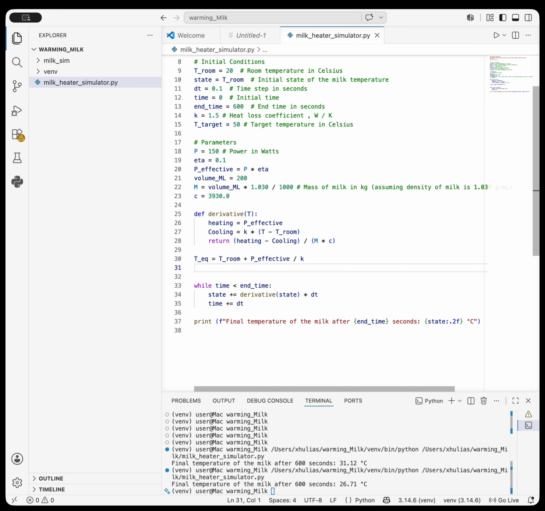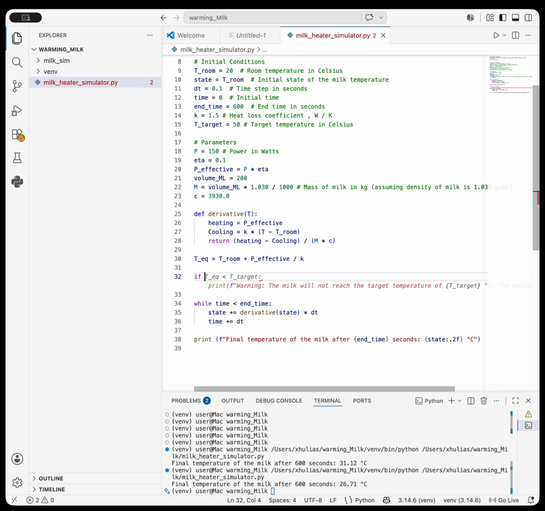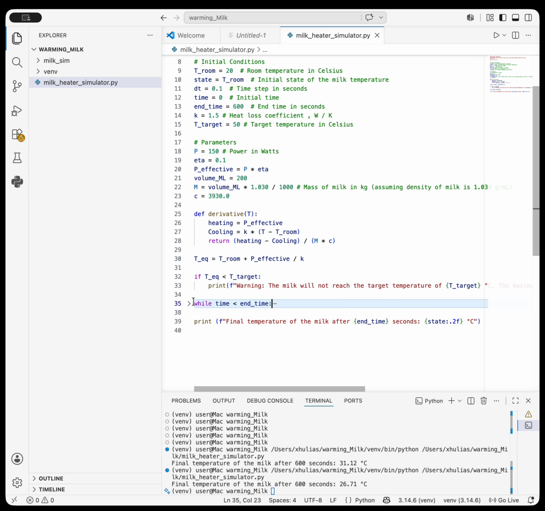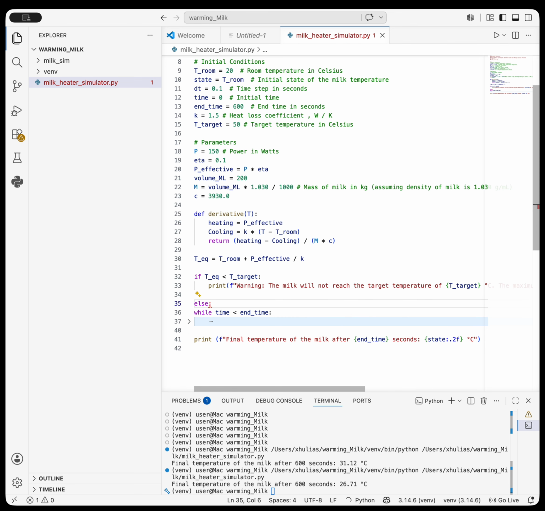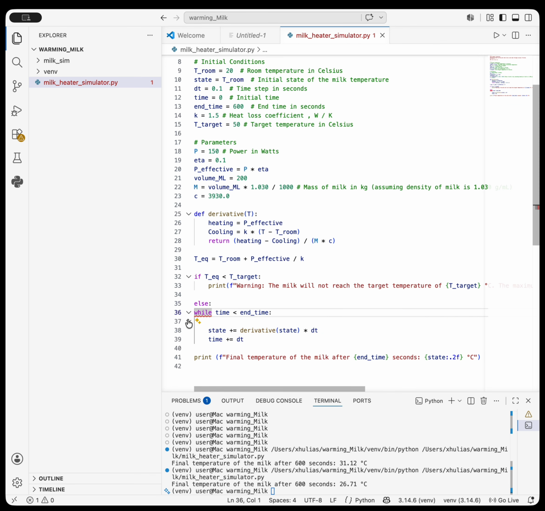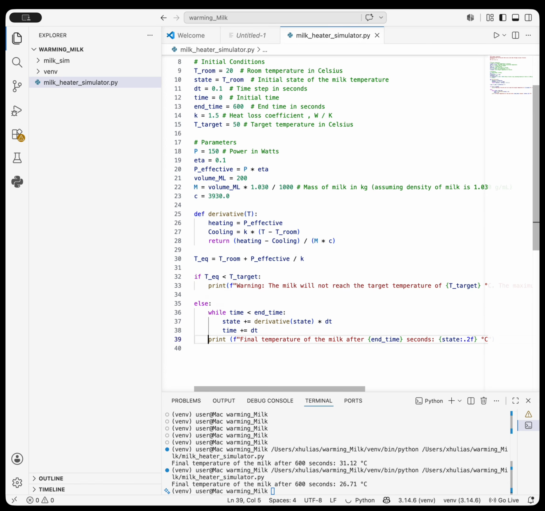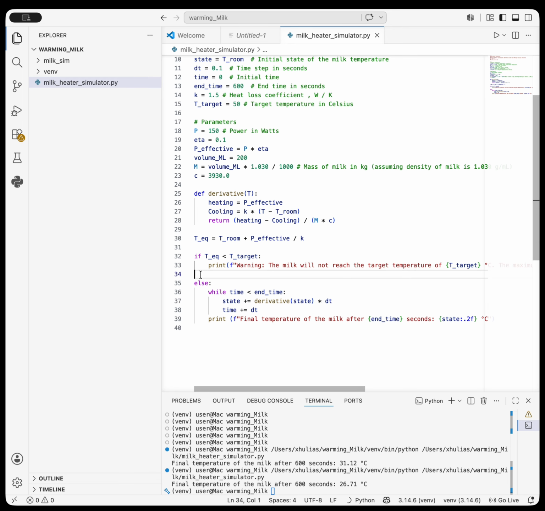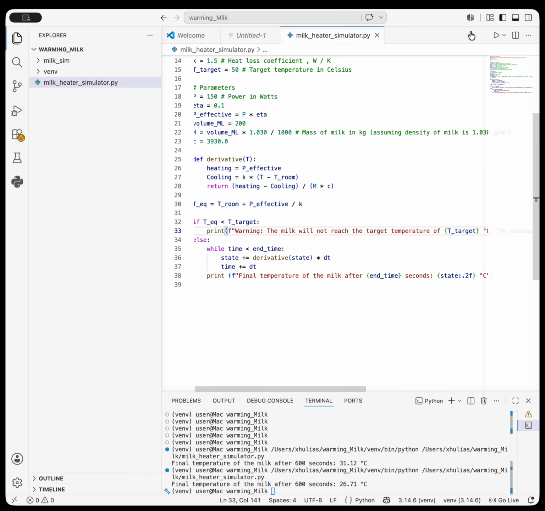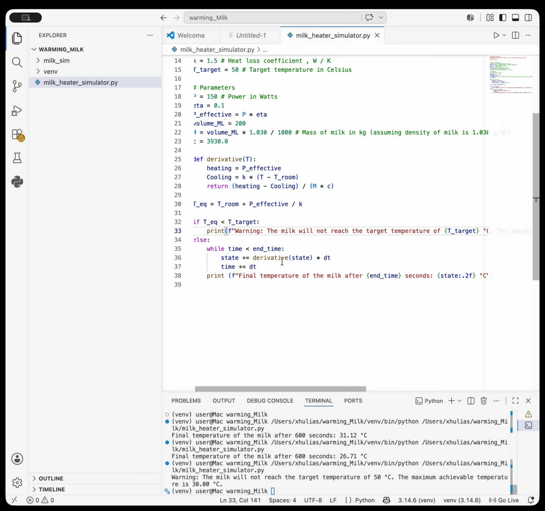Now, this is why I need the equilibrium temperature, because if the equilibrium temperature is smaller than T target, then the milk is going to heat up until that point and it will not heat up anymore. So here we need a check. And then we consider the else case, and we print this. So yeah, we can try this out.